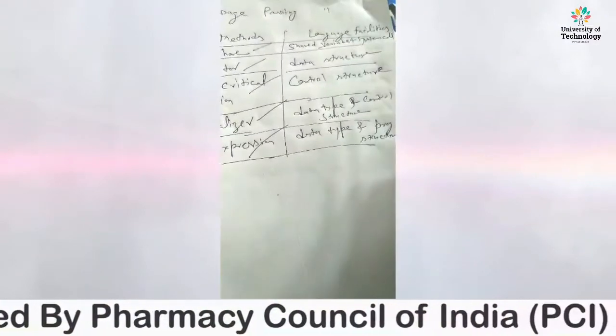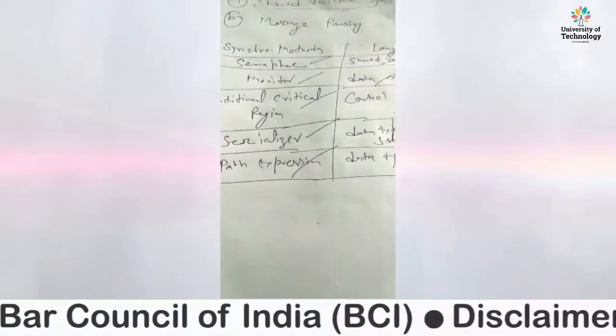And here, data type and program structure. So semaphore, monitor, conditional critical region, serializer, path expression use shared variable and system call, data structure, control structure, data type and control structure, data type and program structure respectively. This is the description regarding shared variable synchronization.